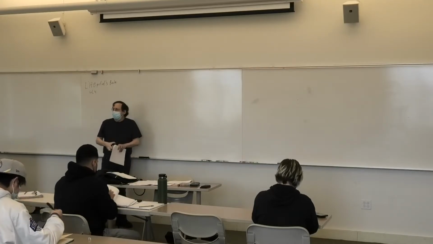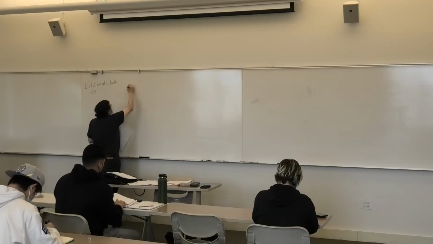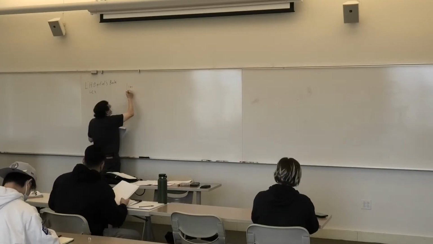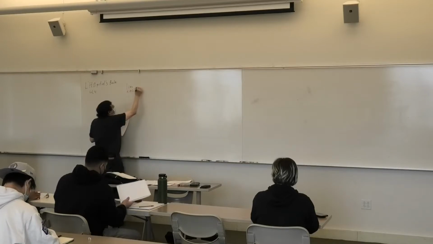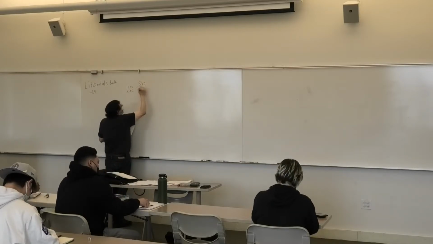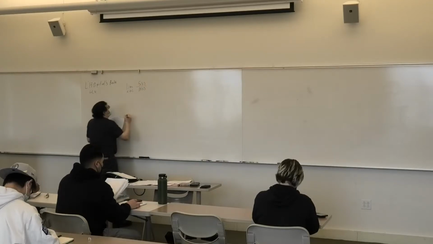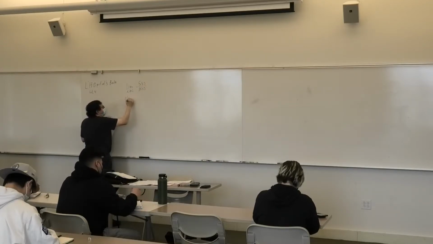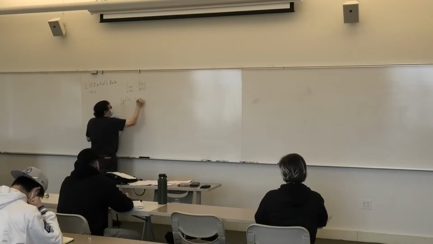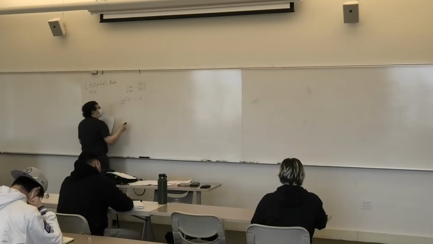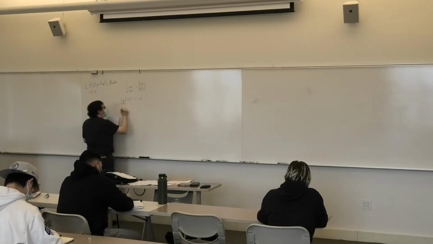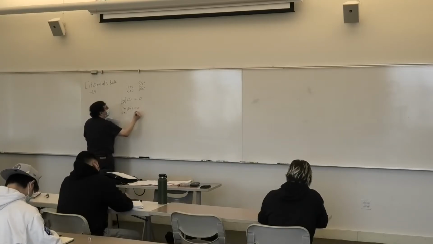Quick review: we have some limit where the limit as x approaches c of f is 0, and the limit as x approaches c of g is equal to 0.